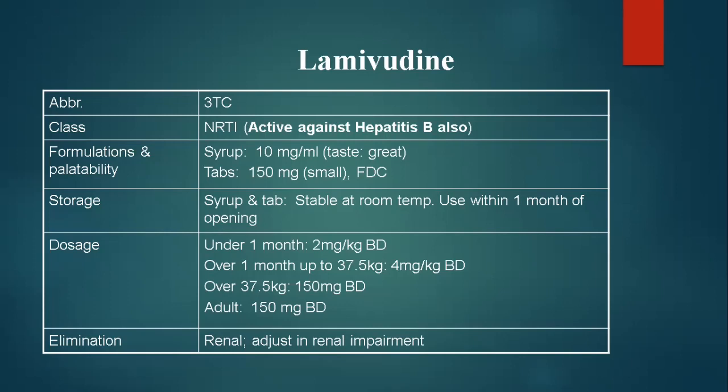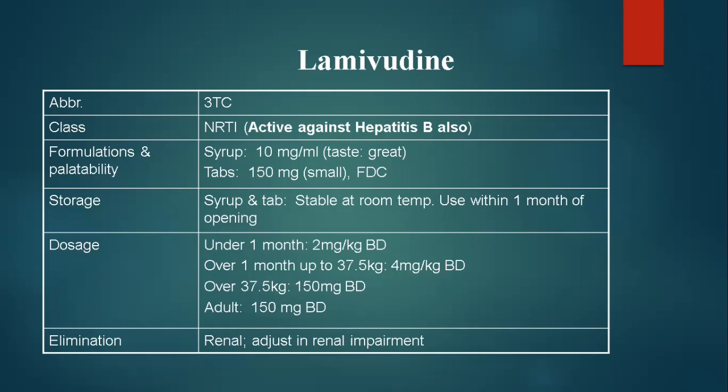Under dosage, children under 1 month can be prescribed 2 milligrams per kg body weight BD, which is twice a day. For children over 1 month up to 37 kg, they should be given 4 milligrams per kg body weight twice a day.